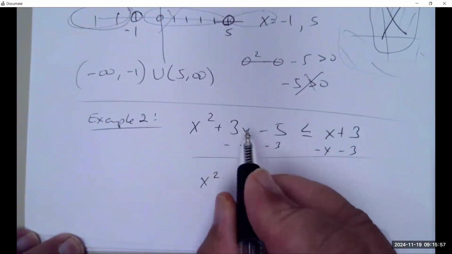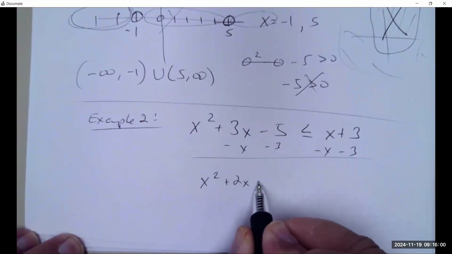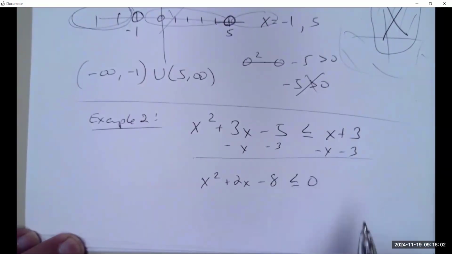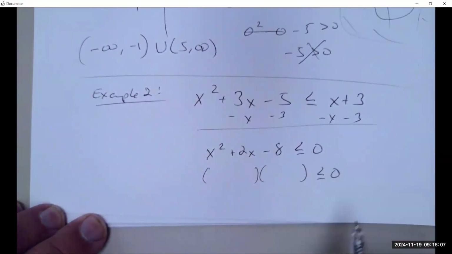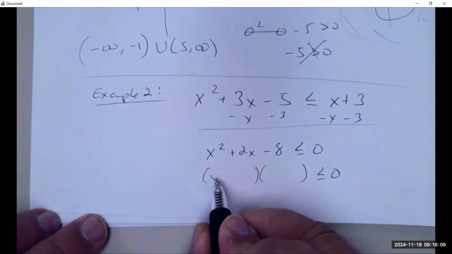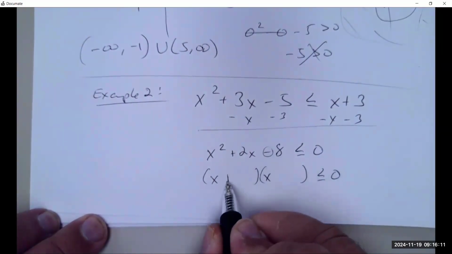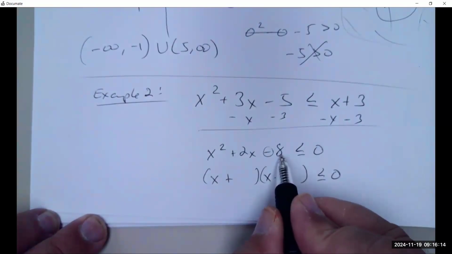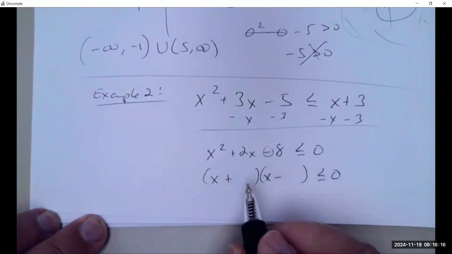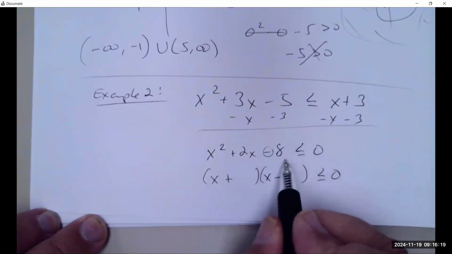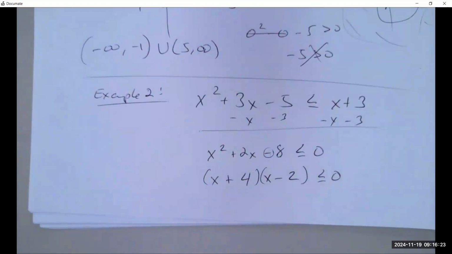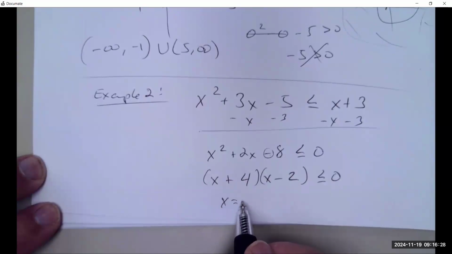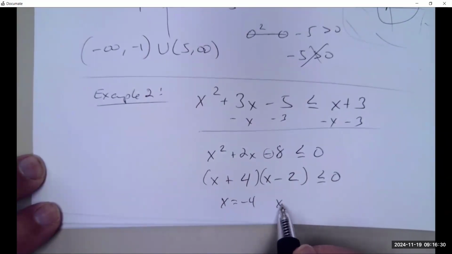So we have x squared plus 2x minus 8 is less than or equal to 0. Factor it out. It's opposite signs. What times what is 8, when you subtract them, you get 2? 4 and 2. It's the stuff we've been doing all along, factoring. So my intercepts are at -4 and +2.